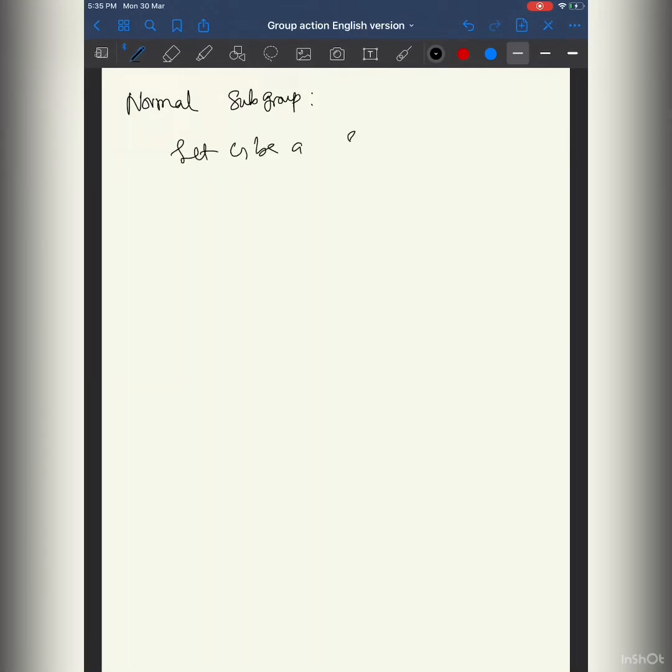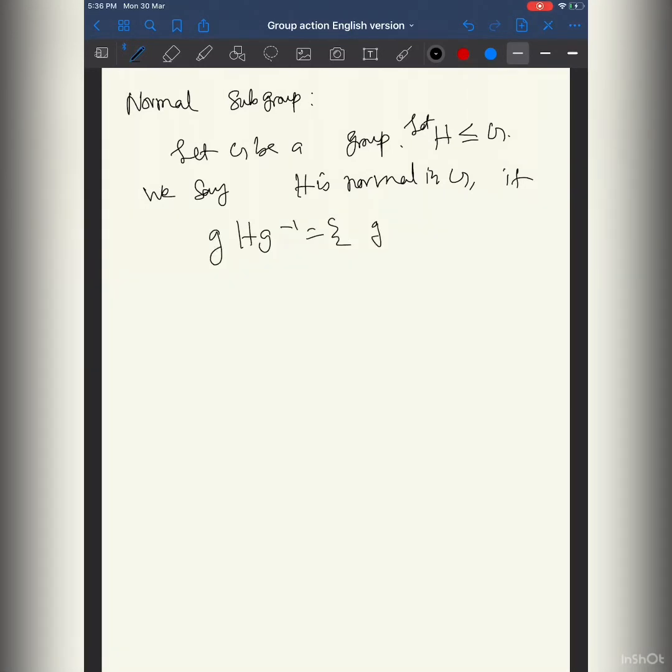Let G be a group, and let H be a subgroup of G. We say H is normal in G if gHg inverse equals H itself for every g. Then we say that is normal. And the notation for that we use is this normal symbol.